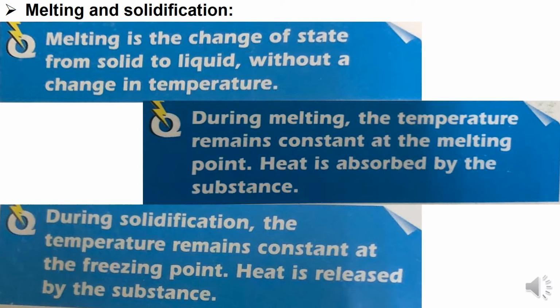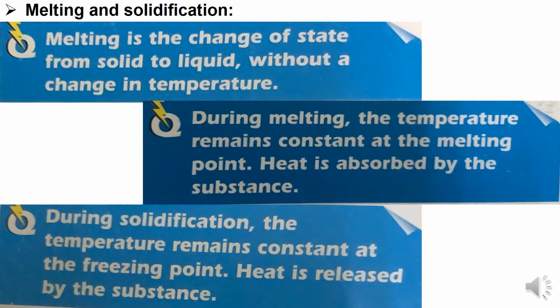So melting is a change of state from solid to liquid without a change in temperature. Melting point is the temperature at which the solid changes to liquid. Each and every substance has a different melting point.